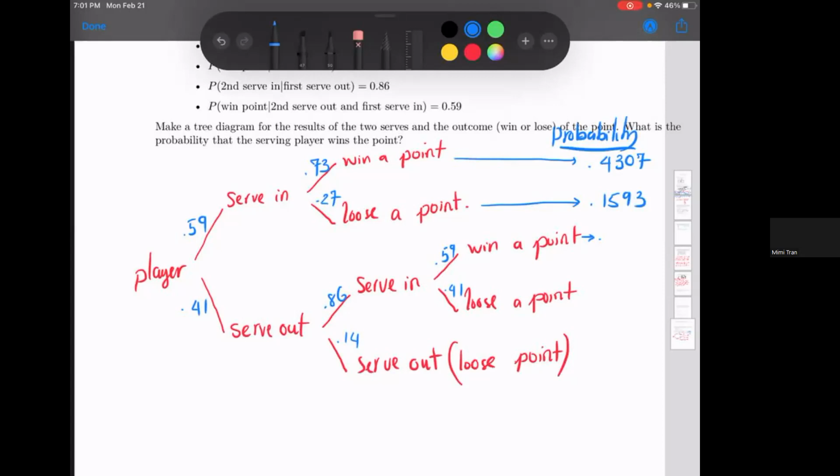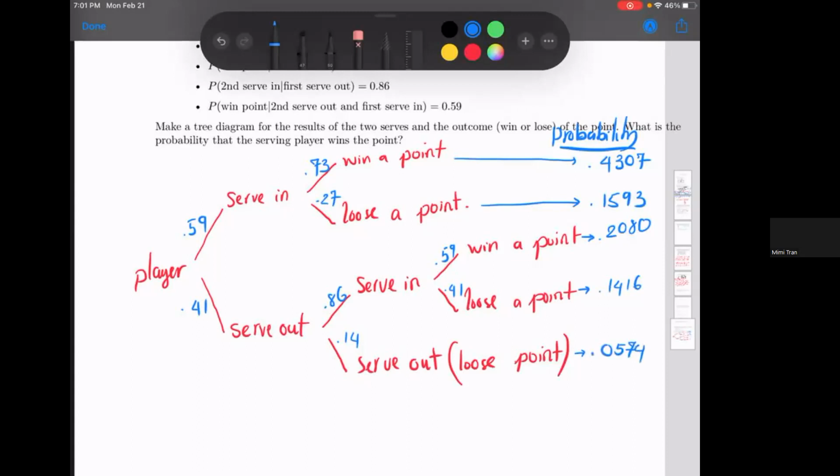What do you got, Maya? And the last one. 0.07, 4.